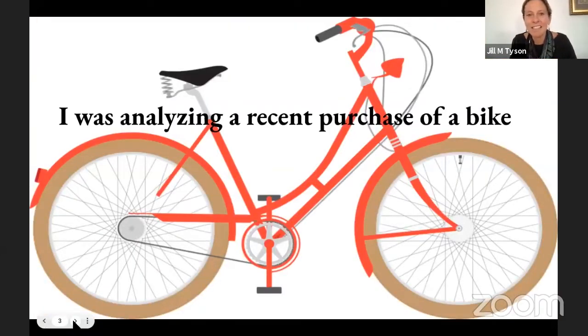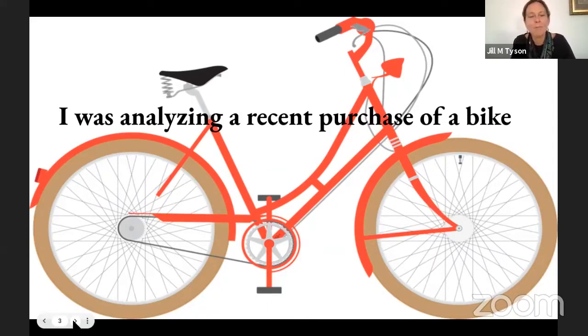You know, recently I bought a bicycle. Before I bought the bicycle, I did some research online. I went to several stores. I thought about the size of bicycle, the type of bicycle, even the color of the bicycle. And I really analyzed it a lot.